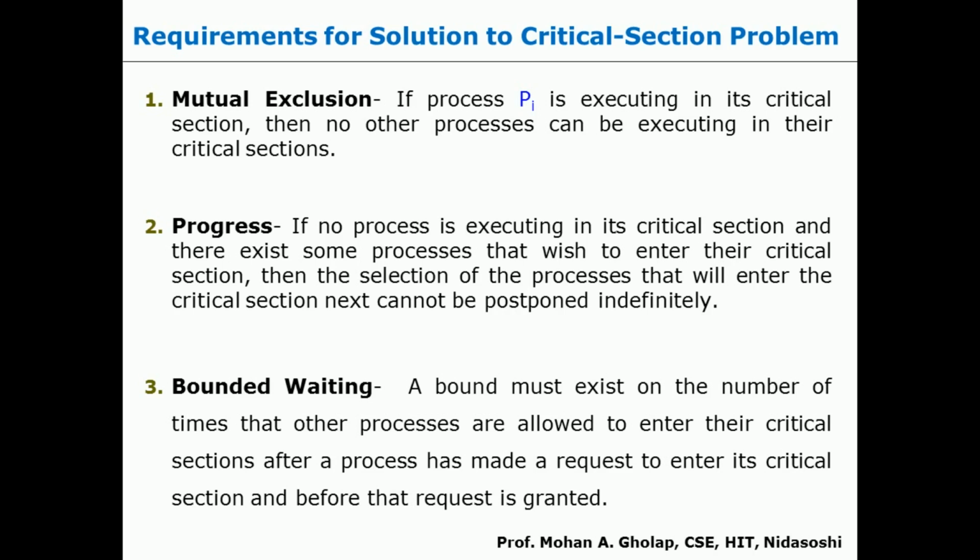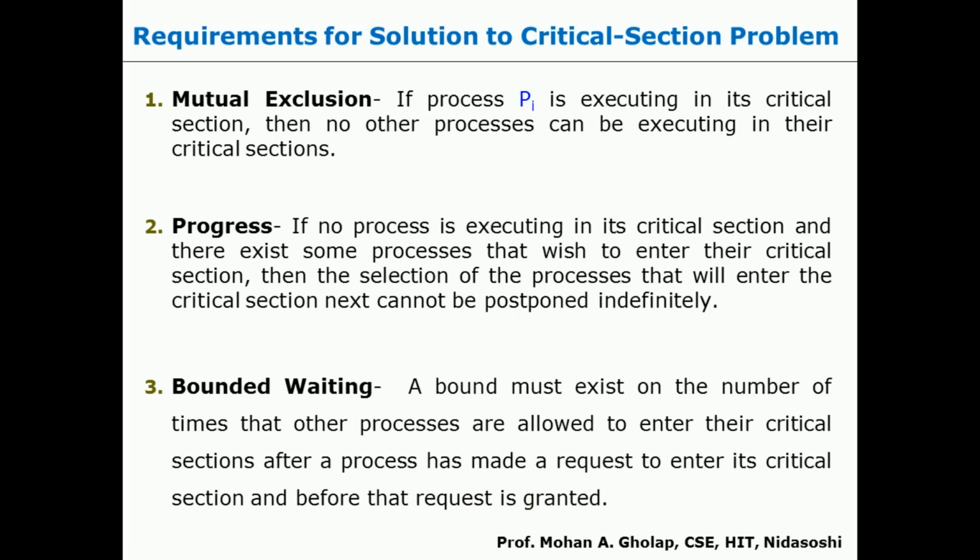The third requirement is bounded waiting. It means there should be a particular bound on the number of times other processes are allowed to enter the critical section after a process has made a request to enter its critical section and before that request is granted. Whenever a process wants to enter the critical section, some processes may enter so frequently.